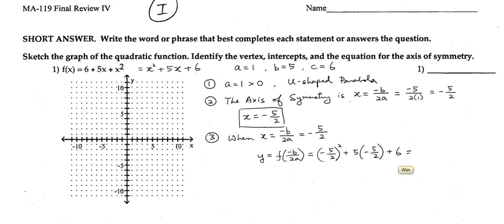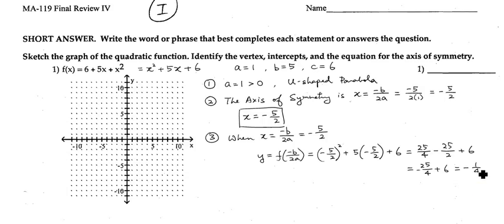That would be 25 over 4 minus 25 over 2 plus 6. So that really means it will be negative 25 over 4 plus 6. And then it will give you negative 1/4.